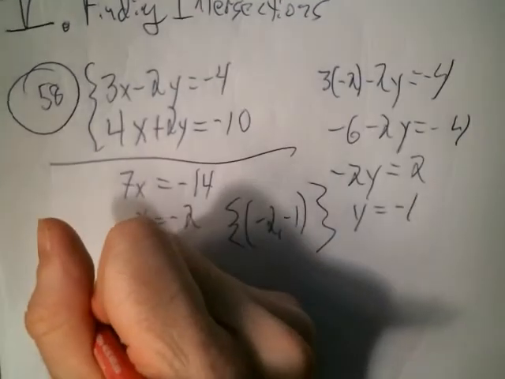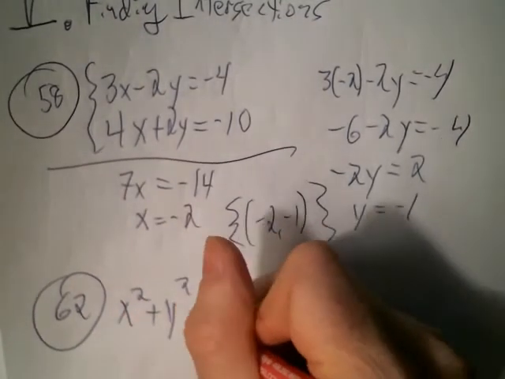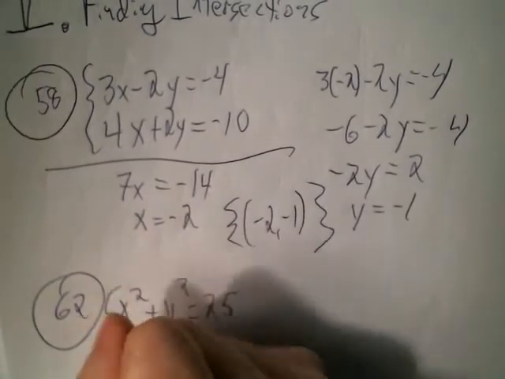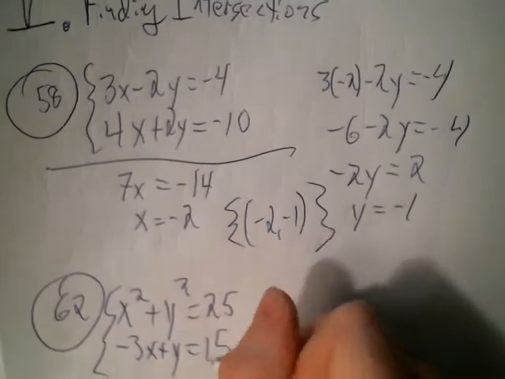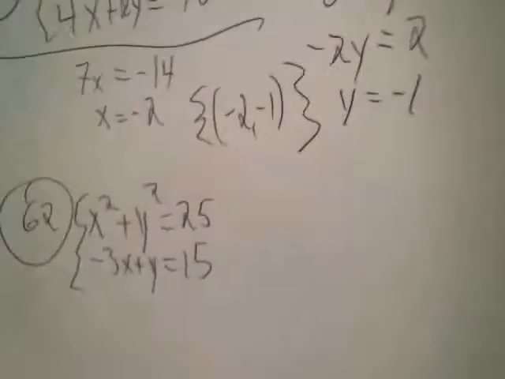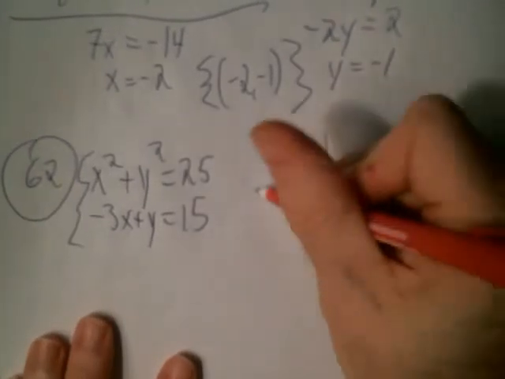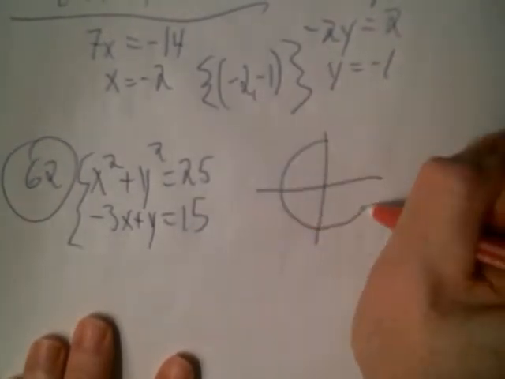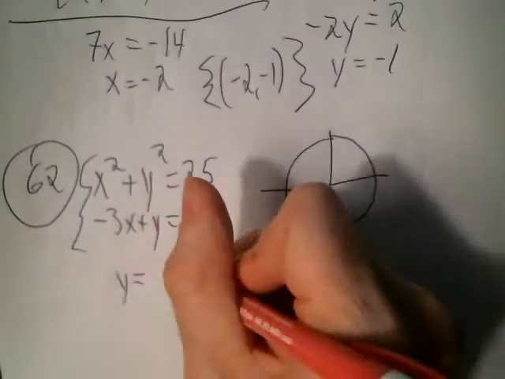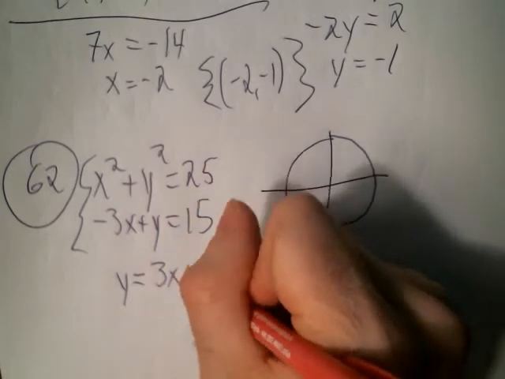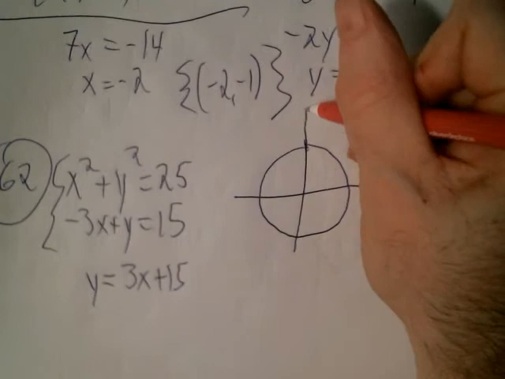Okay, let's look at 62 then. We have x squared plus y squared is 25, and our other equation is negative 3x plus y is 15. So what are these things that we're dealing with? The first is a circle with radius 5, and the second is the equation of a line. Let's rewrite it so it's more familiar: y is 3x plus 15. If the circle has radius 5, 15 is way out there.